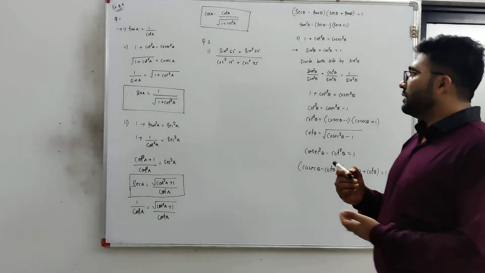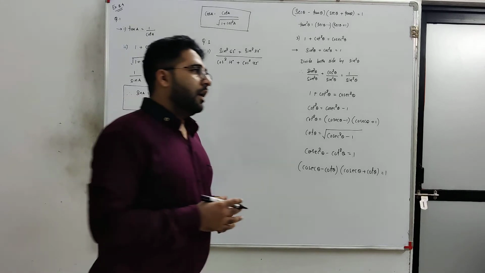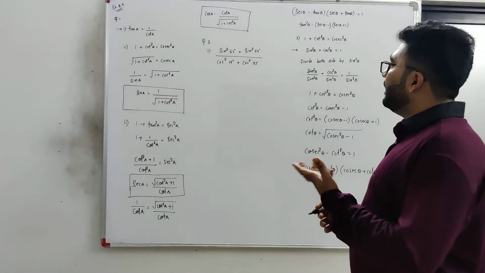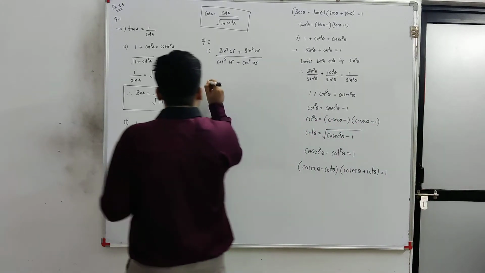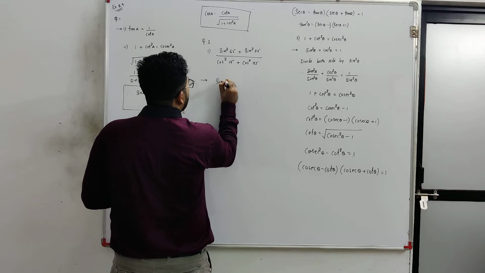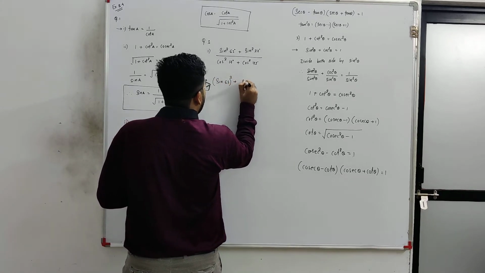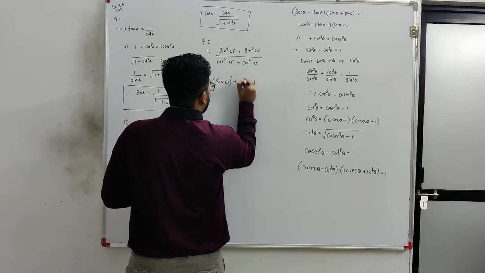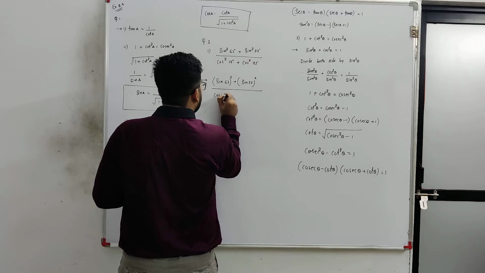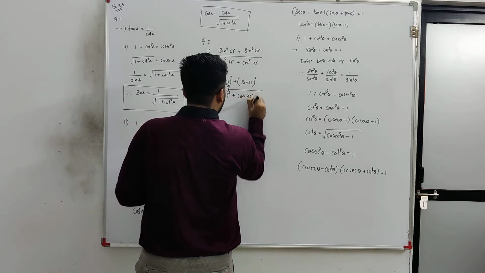To convert these into sine and cos, we can use the complementary angle concept, and convert them into one of them. So here I am writing sine 63 whole square plus sine 27 whole square divided by cos 17 whole square plus cos 73 whole square.